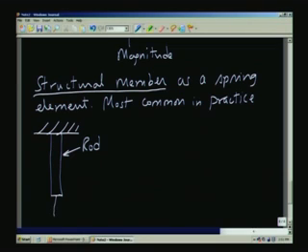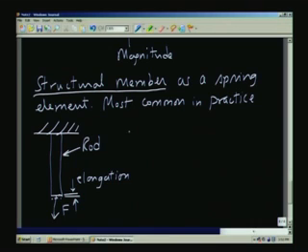I apply a force at the free end, and now what will happen is that because of the force it will undergo a displacement. So, this will move slightly downwards just like in the case of a spring. This displacement, this elongation if you want to call it, is a measure of the force.